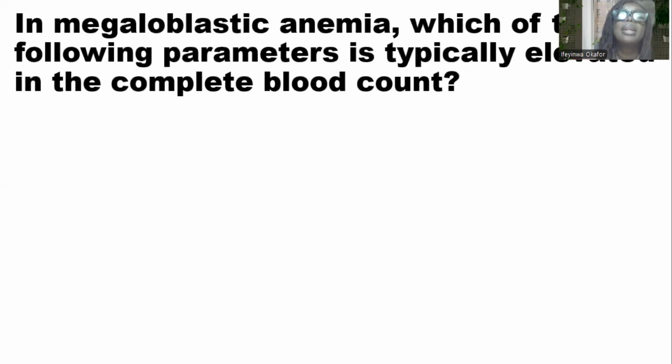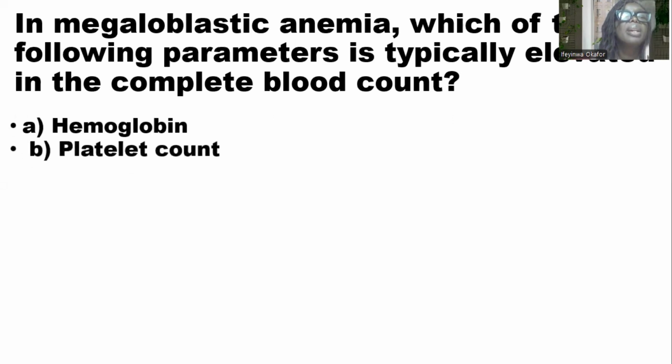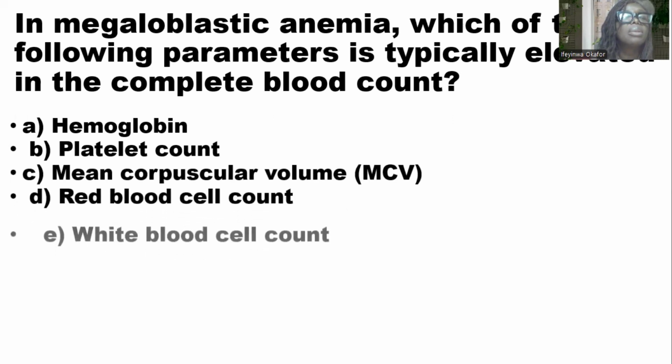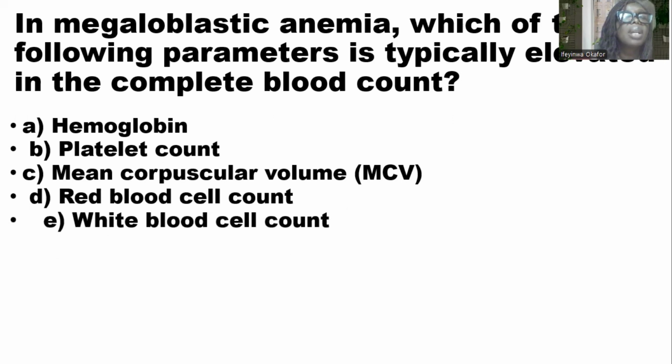In megaloblastic anemia, which of the following parameters is typically elevated in complete blood count? Hemoglobin, platelet count, mean corpuscular volume, red blood cell count, white blood cell count, and the answer is C, mean corpuscular volume, that is MCV.